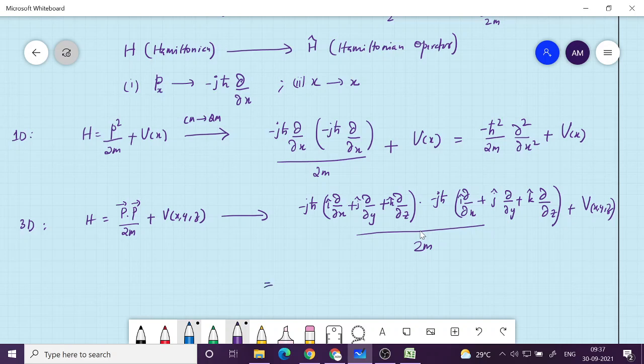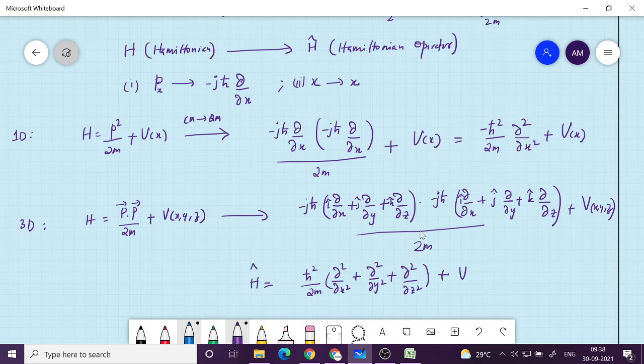Which if you now simplify, you will get minus h bar square by 2m, and when you take dot product i dot j is 0, i dot k is 0, j dot k is 0, so all that remain is i dot i, j dot j, k dot k, which is equal to 1. So this will become ∂²/∂x² plus ∂²/∂y² plus ∂²/∂z² plus V, so this is the operator, this is the Hamiltonian operator.